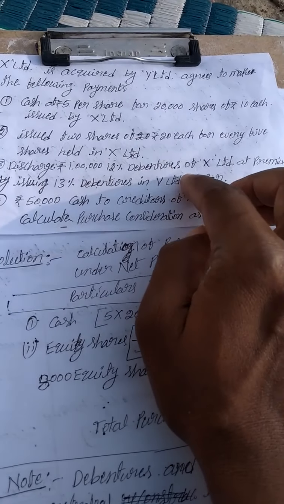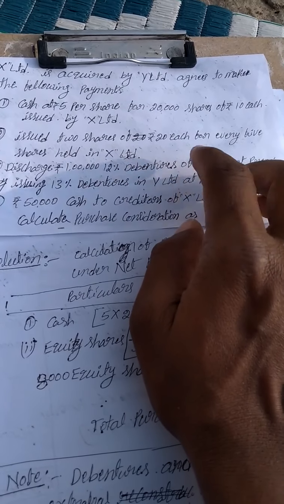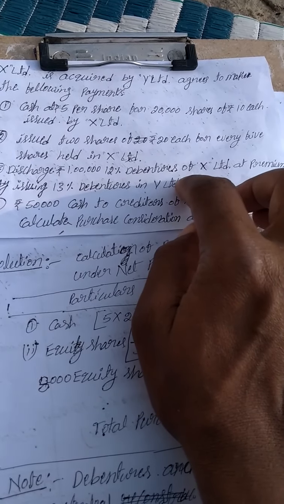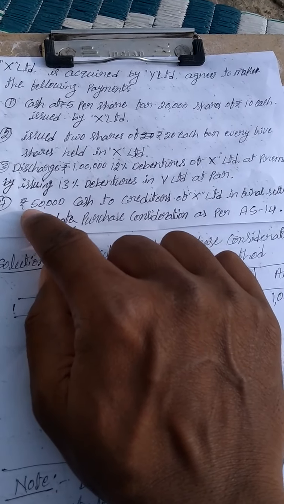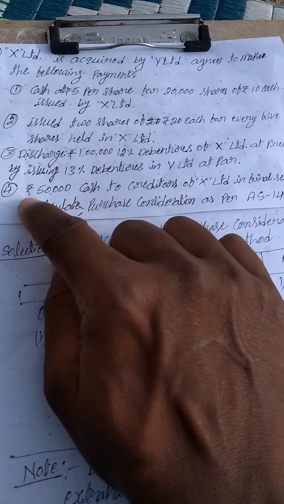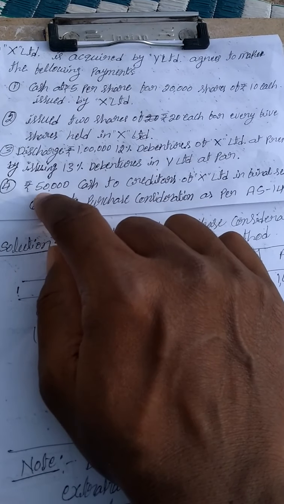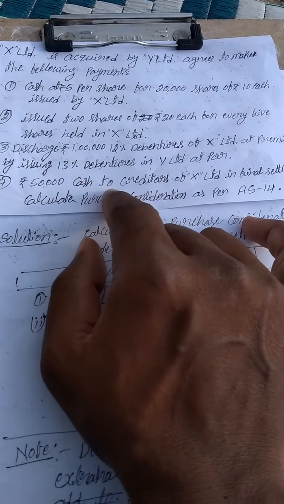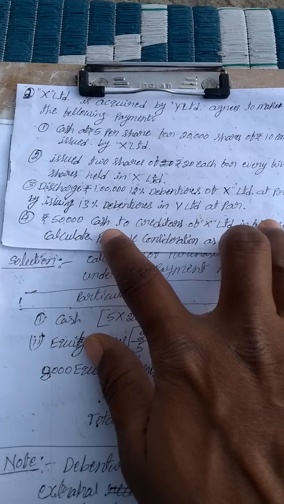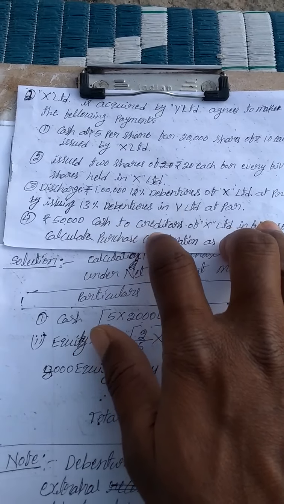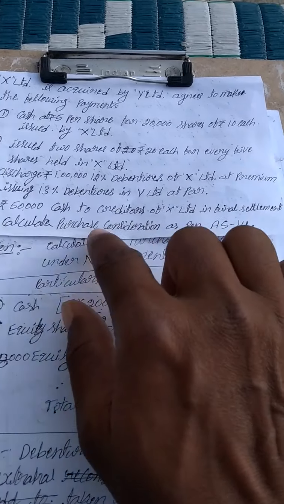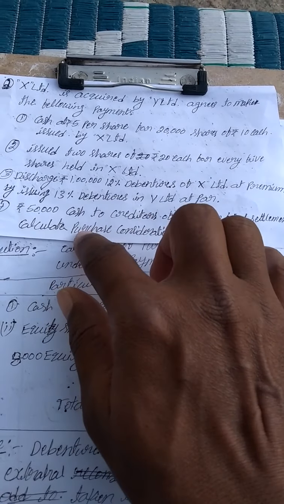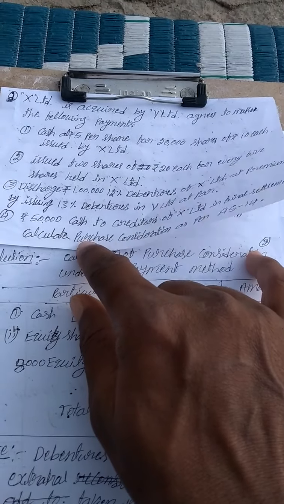Here, whatever payment to debenture holders is, those are external liabilities. Ignore it. Next, the fourth one, 50,000 cash to creditors of X Limited in final settlement. Whatever is paid to creditors are external liabilities.